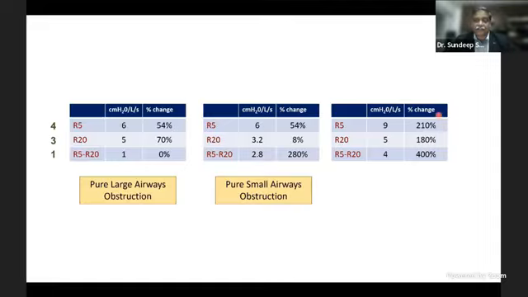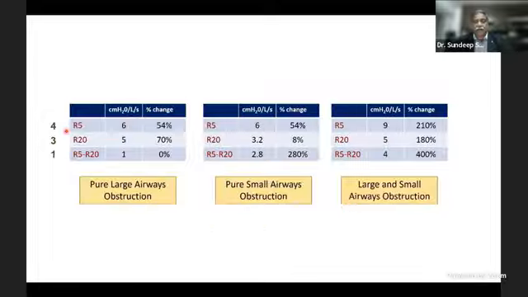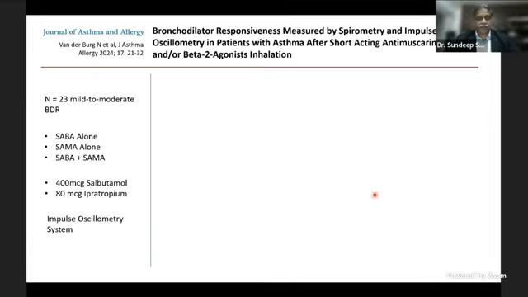Everything is increased. Where is the obstruction? The obstruction is both in the large and small airways. So by looking at R5, R20 and R5 minus R20, you can categorize your patients into pure large airways obstruction, pure small airways obstruction, or mixed large and small airways obstruction. Okay, simple.